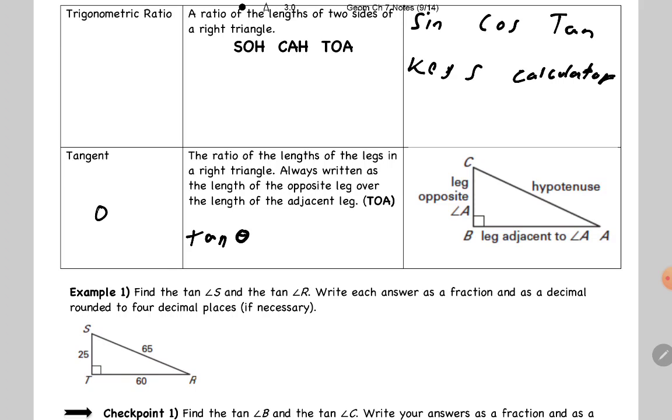Theta kind of looks like a Pokeball, a little bit. And the tangent of theta is always the opposite leg over adjacent leg.